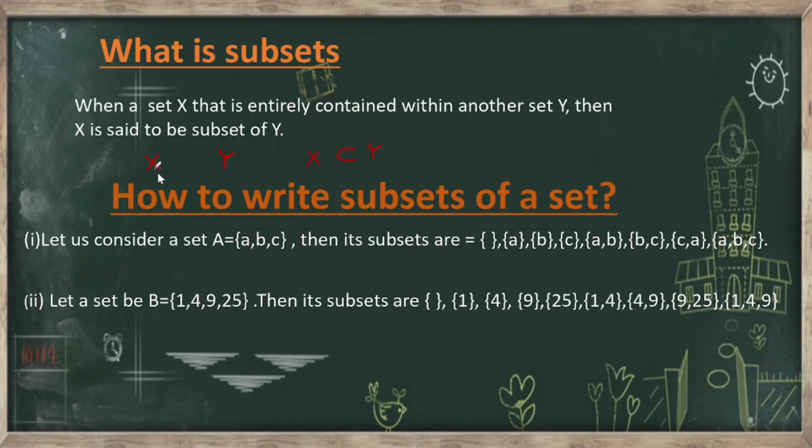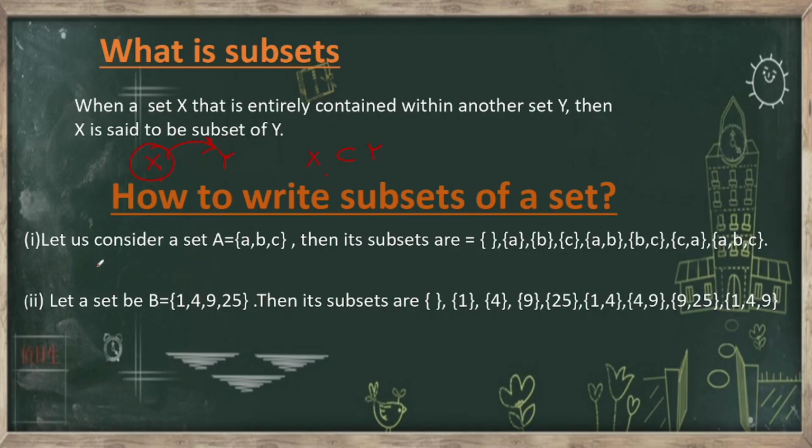So if X is a set that is entirely contained in set Y, then you can say X is the subset of Y. It means X is the smaller set and Y is the larger set. Y contains X. So X should be called a subset of Y. And how to write the subsets of a set?